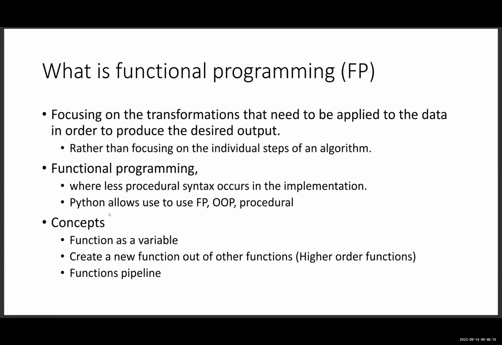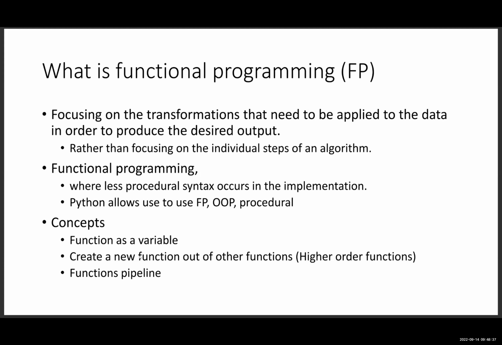There are three main concepts in functional programming. The first one is treating a function as a variable. The other one is higher order functions, which is creating a new function on the fly from a previous function definition.